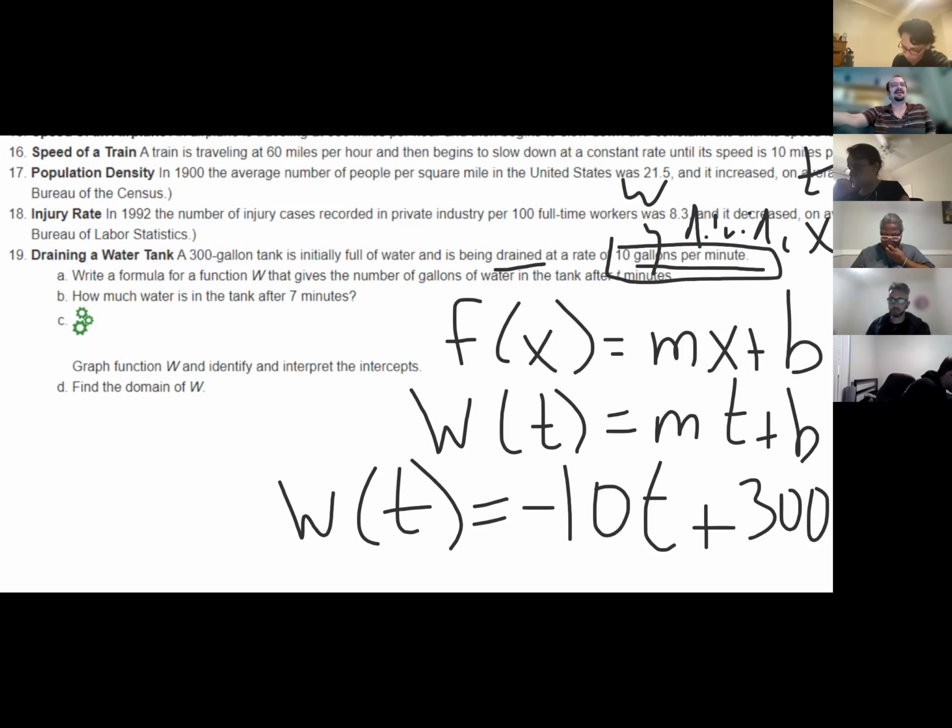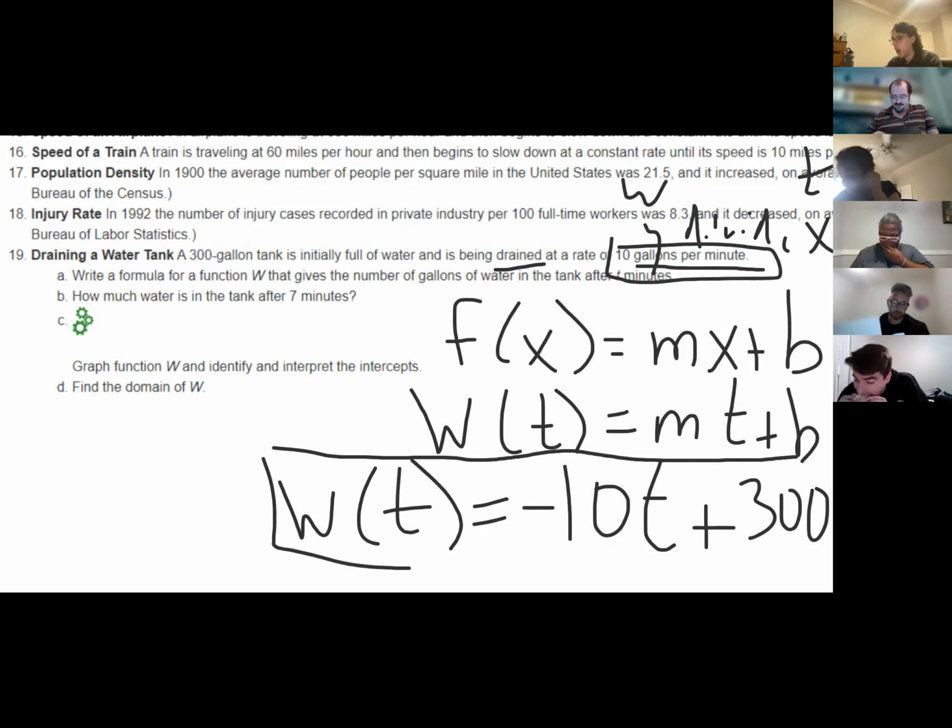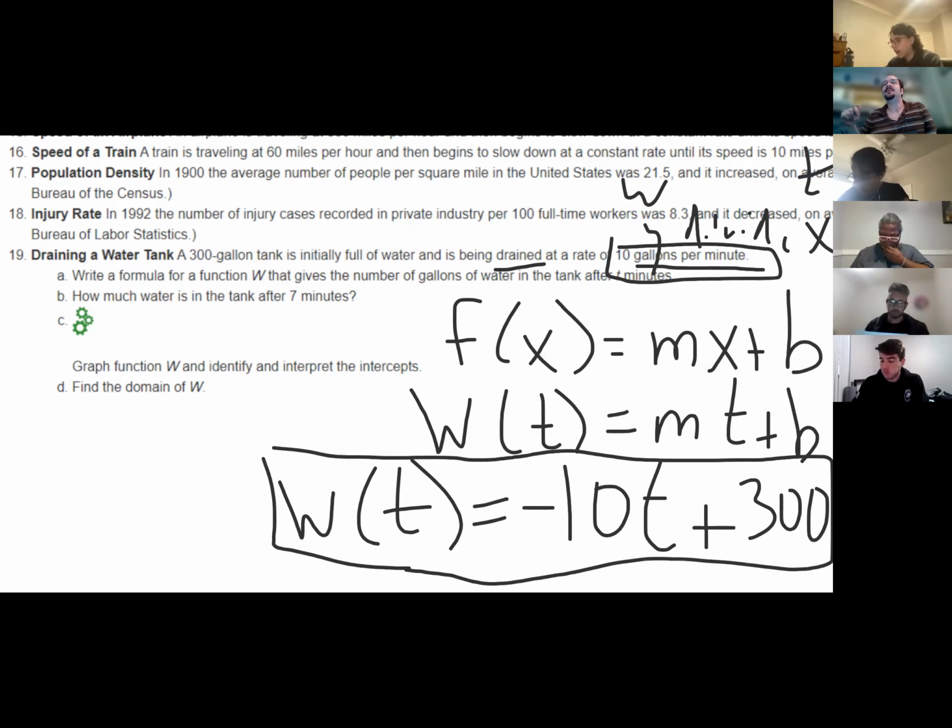Questions about this? This is a lot of vocabulary, huh? Okay, if you did it with f of x, this is okay. You understand the concept. If the w of t notation was throwing you off, that's not the end of the world.